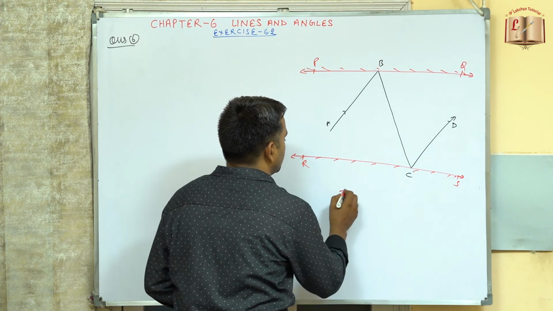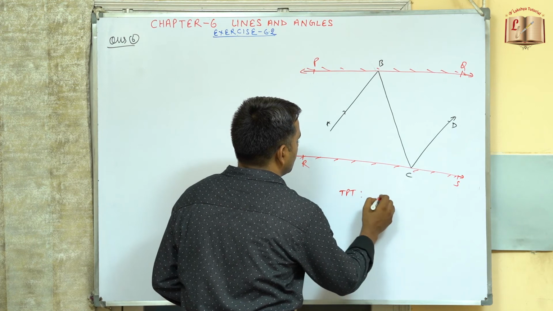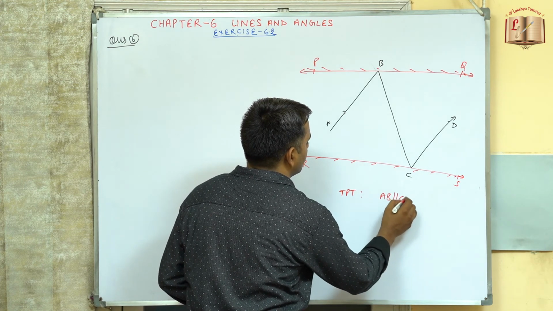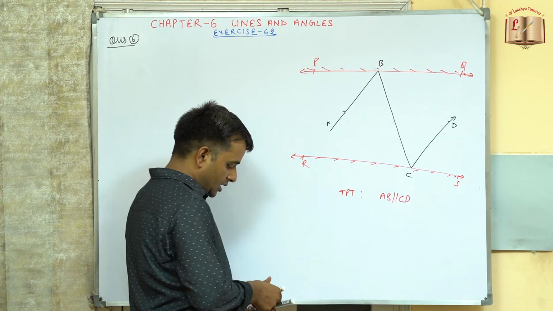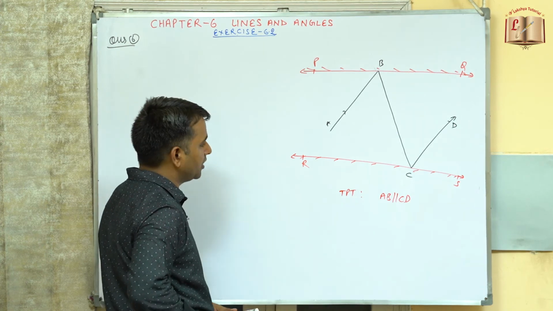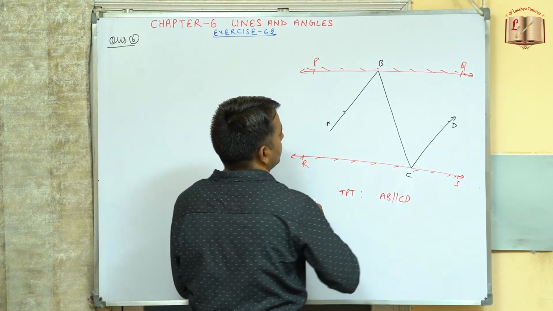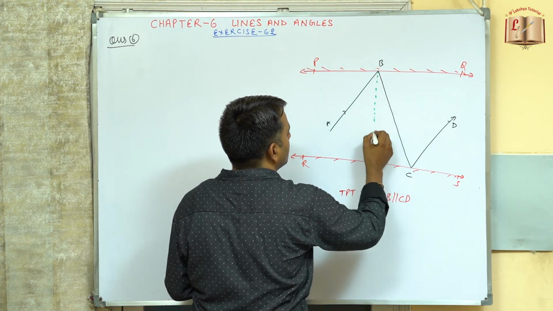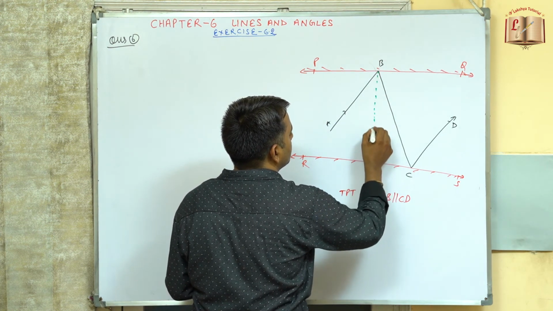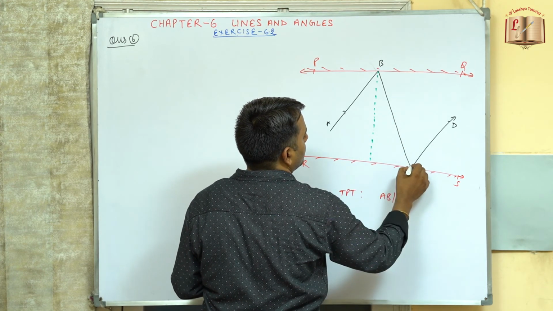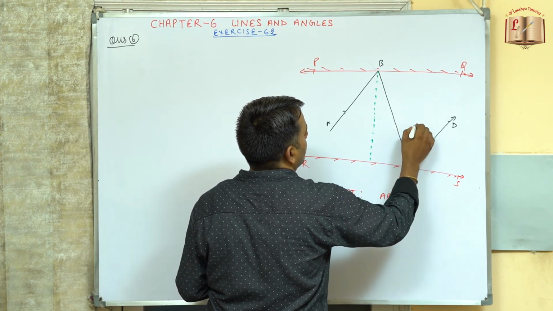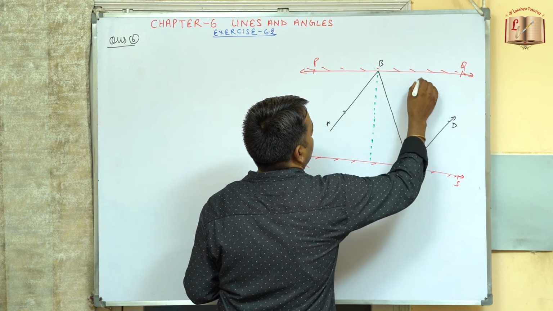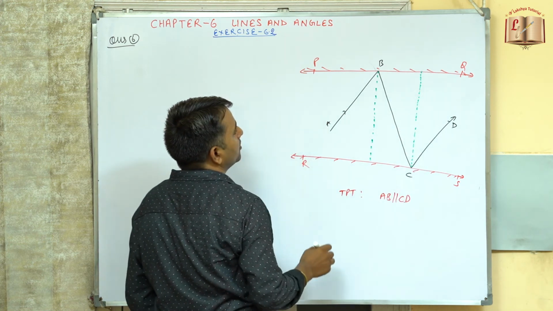So we need to prove that AB is parallel to CD. Now first of all, we'll draw the normals from this point, and from here this will be another normal to the mirror PQ.